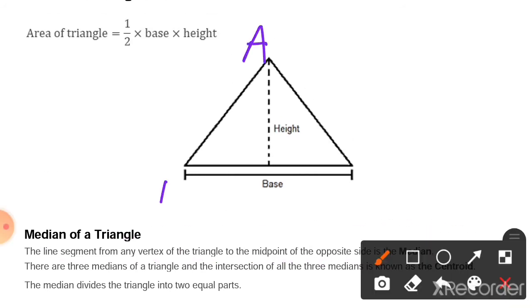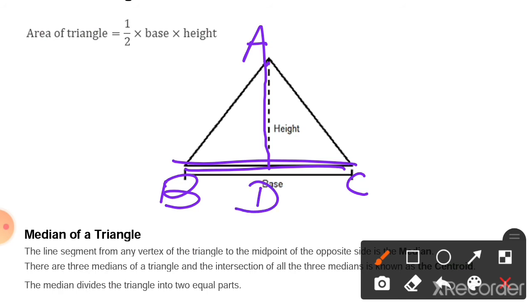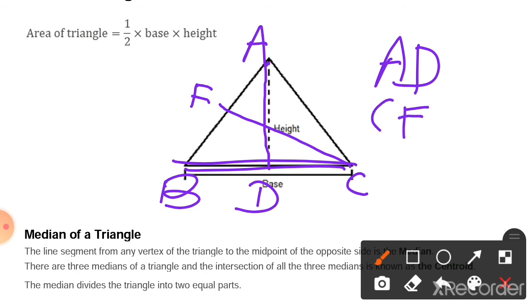Suppose we name it triangle ABC. So I am taking a vertex A and opposite side BC. If I draw the line from this vertex A and it intersects BC at a point D, so we can say AD is a median. Similarly from C to F, so we can say CF is a median, and similarly from B, so we can say BE is also a median.